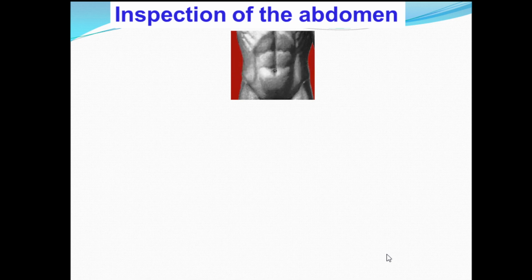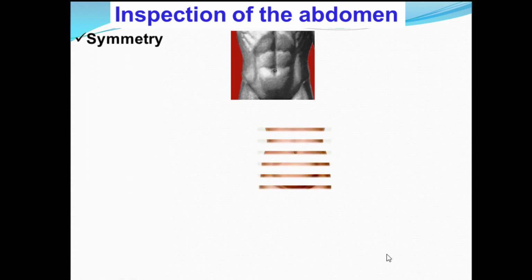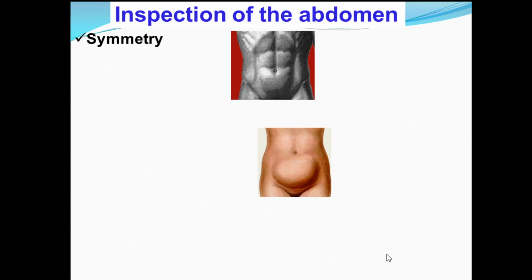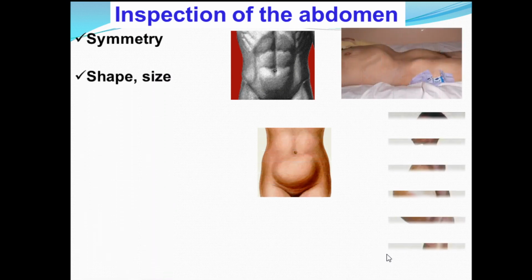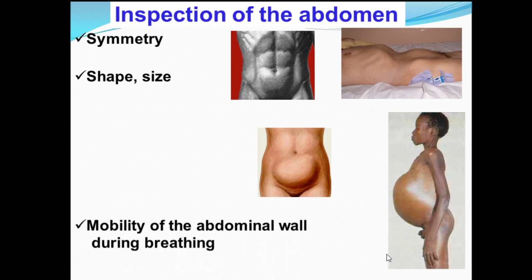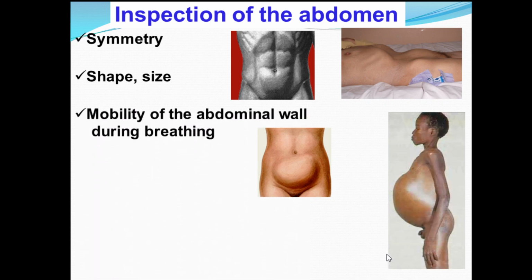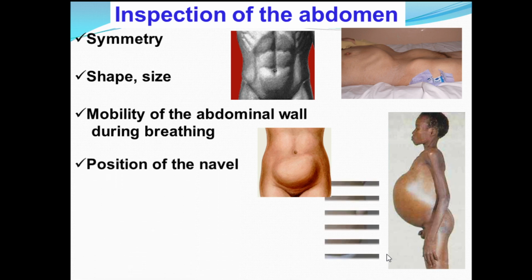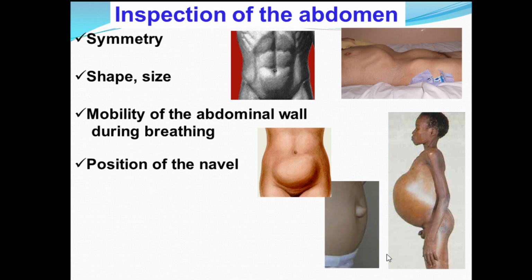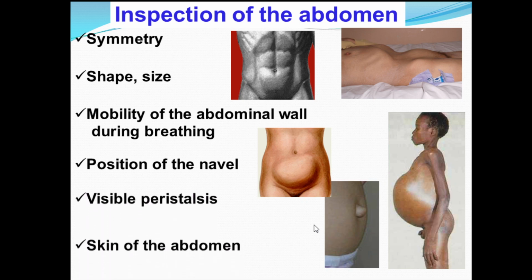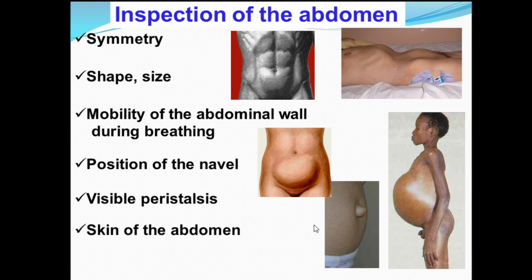Inspection of the abdomen includes information about its symmetry, size and shape, mobility of the abdominal wall during breathing, about which you forgot on the exam, position of the navel, which is usually depressed but in some pathology may protrude, and some visible peristaltic movements or local affection of abdominal skin or some pathological formation.